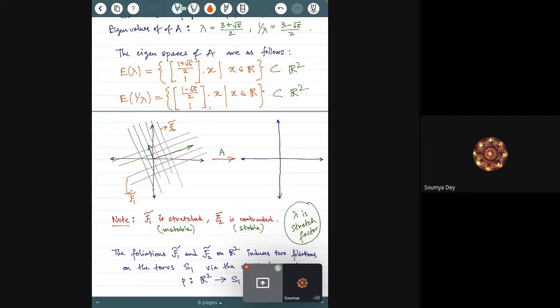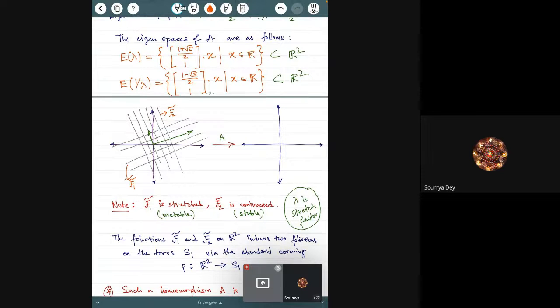Now let us draw these eigenspaces in our Euclidean plane.